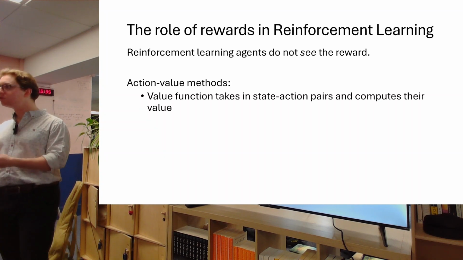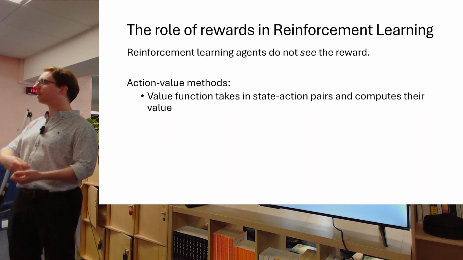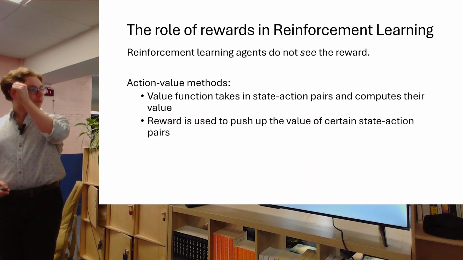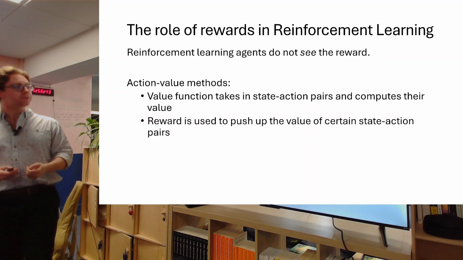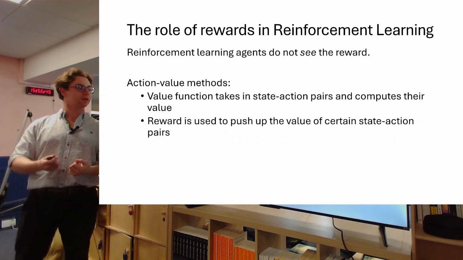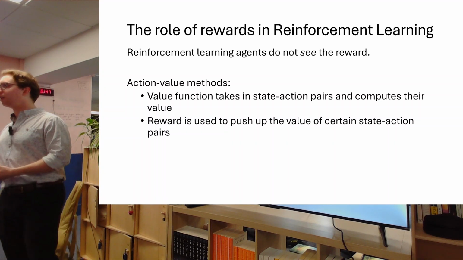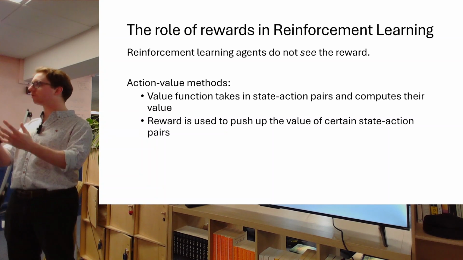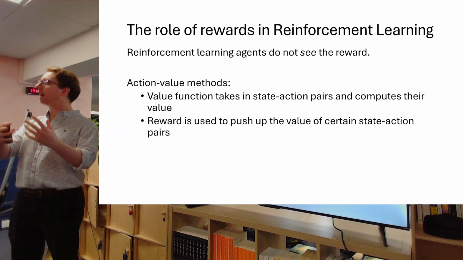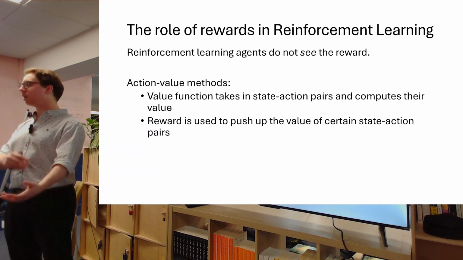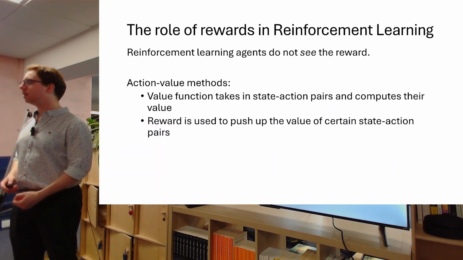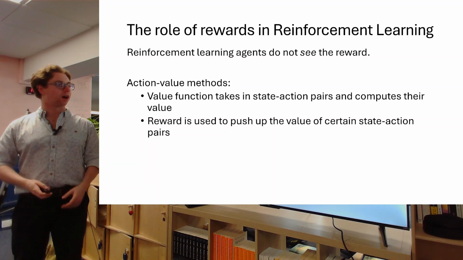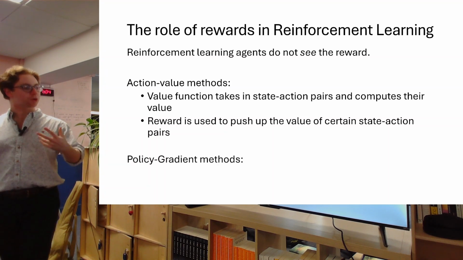Instead, the rewards are used to construct regression targets that are then used to train that network, right? So in other words, the purpose that reward serves is to push up the values of certain state action pairs. It's used to select for certain cognitive patterns within that Q function that assign high value to certain state action pairs and low value to other state action pairs. It's used in this selection way. The same is true of policy gradient methods.